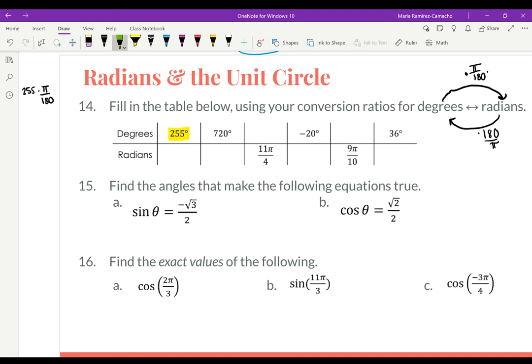So 180 divided by 5 would be 36. 255 divided by 5 would be 51. So this reduces to 51 pi over 36, which can be reduced further because 3 goes into 36 and 51. 3 goes into 36 12 times. 3 goes into 51 17 times. So our fully reduced answer here would be 17 pi over 12.